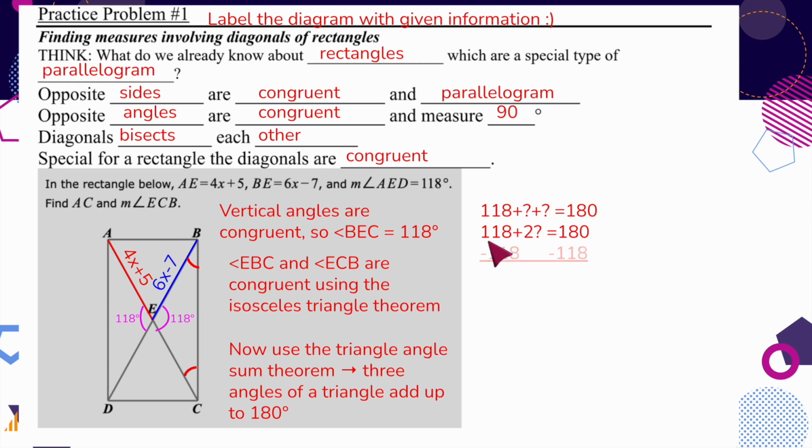I'm going to subtract 118 from each side, and 118 minus 118 cancels, and I get 2 question marks equals 62 degrees. I don't want to know what two of them are, I just want to know this one down here. They're both exactly the same, so I'm going to divide by 2. It's 31 degrees. So angle ECB is equal to 31 degrees.